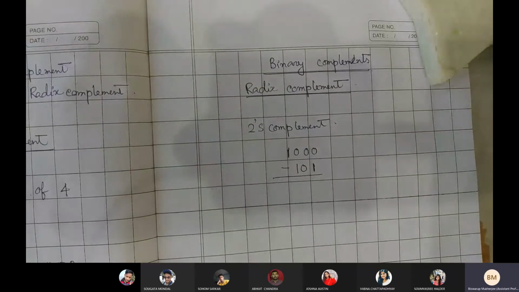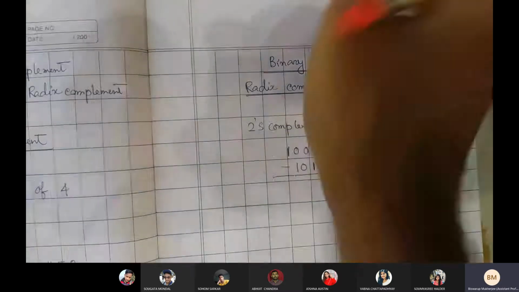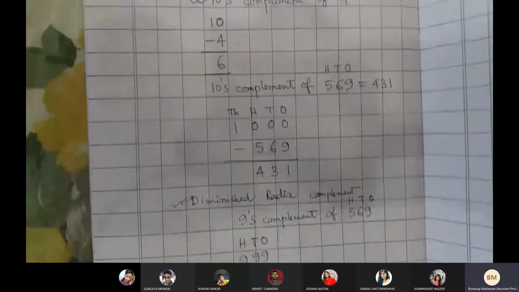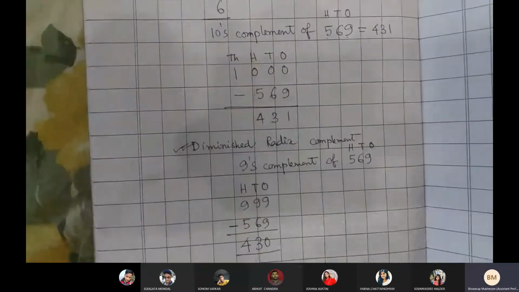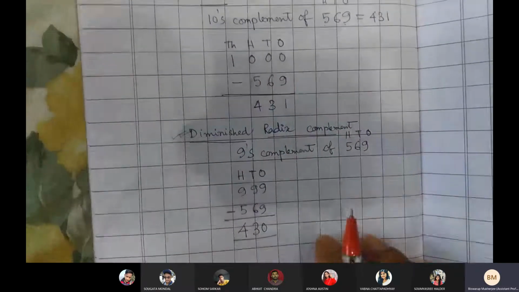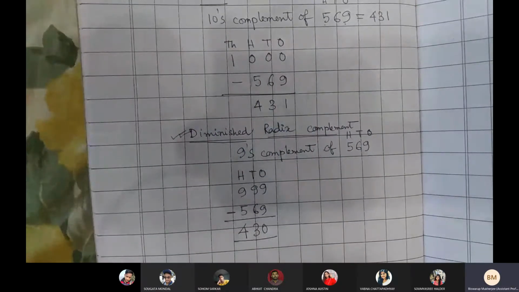In order to understand this easily, we generally go for another step. Let me come to this one again. We think of the diminished radix system first, because the diminished radix system is the easiest one. So what do we do?